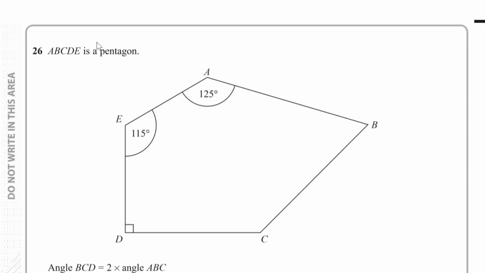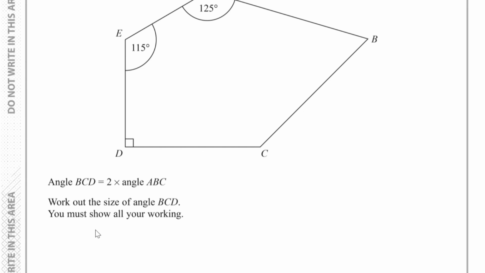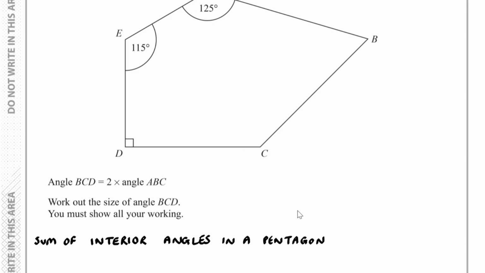Question number 26. ABCDE is a pentagon, and we are told that the angle BCD is twice the angle ABC, and we have to work out the size of the angle BCD. You must show all of your working. Well, first of all, we can find the sum of the interior angles in a pentagon.